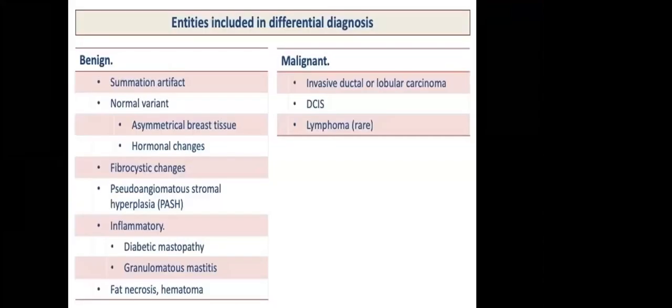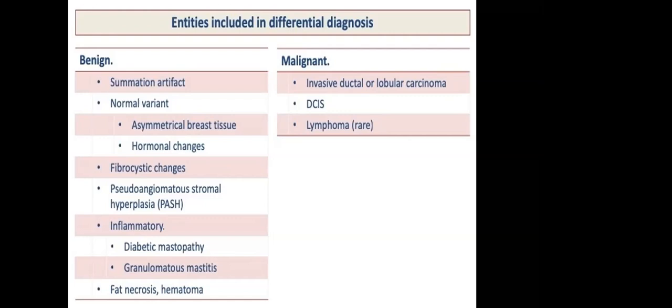Okay, just to review what we have said, the entities including the differential diagnosis of asymmetry: if it is benign, the common ones are summation artifact, normal variant including asymmetric breast tissue or hormonal changes, fibrocystic changes, pseudoangiomatous stromal hyperplasia, inflammatory, diabetic mastopathy, granulomatous mastitis, or fat necrosis and hematoma.